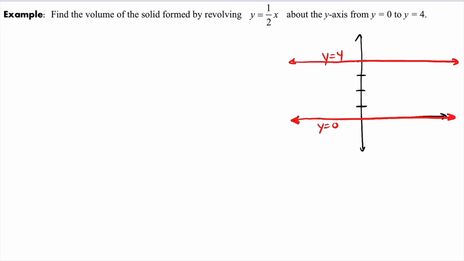It's going to go up 1 over 2, up 1 over 2, up 1 over 2. So 1, 2, 3, 4, up 1 over 2.